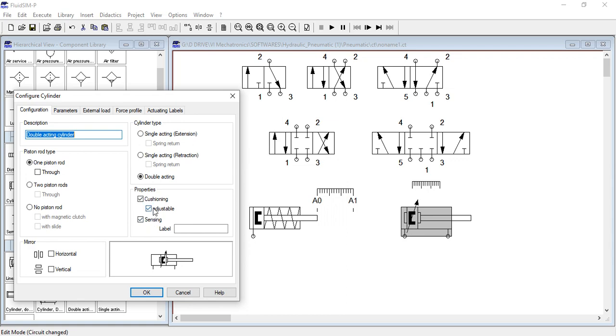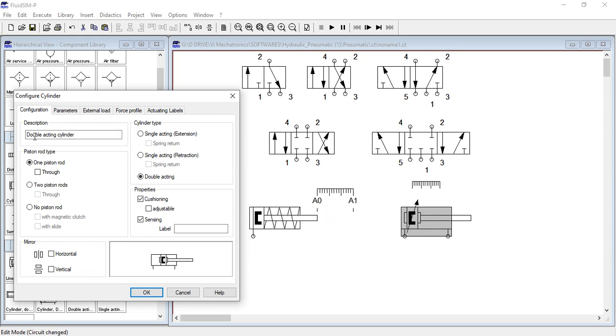It is adjustable, meaning you can adjust the pressure. If you don't want it, you can take out this adjustable sign. If you don't want cushioning itself, you can remove that. But we will keep the cushioning here, on both sides. See here, these parts are cushioning on the front and on the back, both sides.